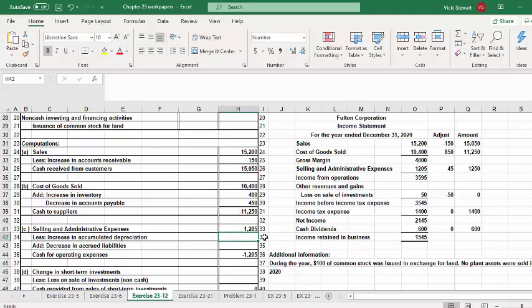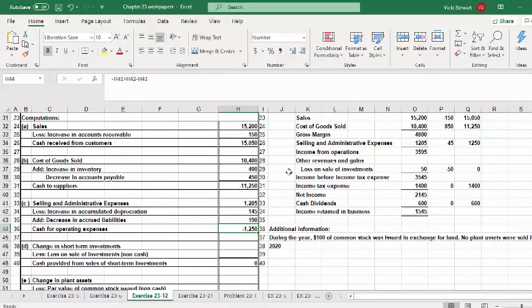So we're going to subtract the increase in accumulated depreciation that was shown on the comparative balance sheet to remove the depreciation expense. Accrued liabilities would also be associated with selling and administrative expenses, and the comparative balance sheet showed that it decreased by $190, so that would actually be an additional cash payment that was made in addition to the expenses shown on the income statement.